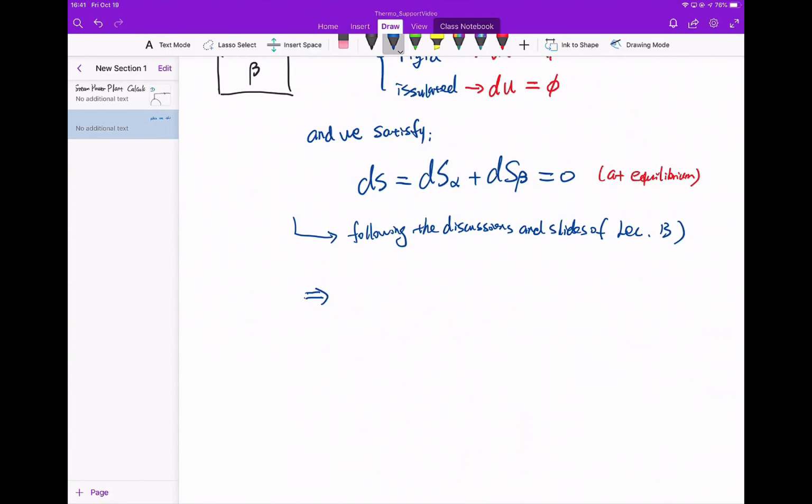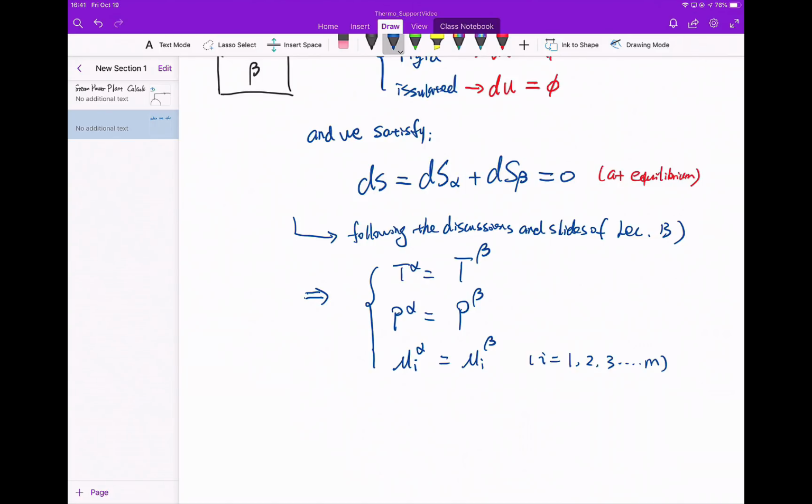3 criteria, which is T alpha, T beta, P alpha, P beta, mu I alpha, mu I beta. So of course, we have to satisfy all the components from 1, 2, 3 all the way till component N. Each component would have the same chemical potential in the two phases.